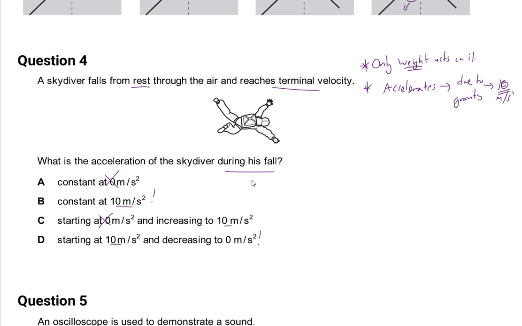Now, what's going to happen later on? Later on, air resistance, air drag, increases. This slows down the person. If the person is slowing down, it means the person is decelerating.